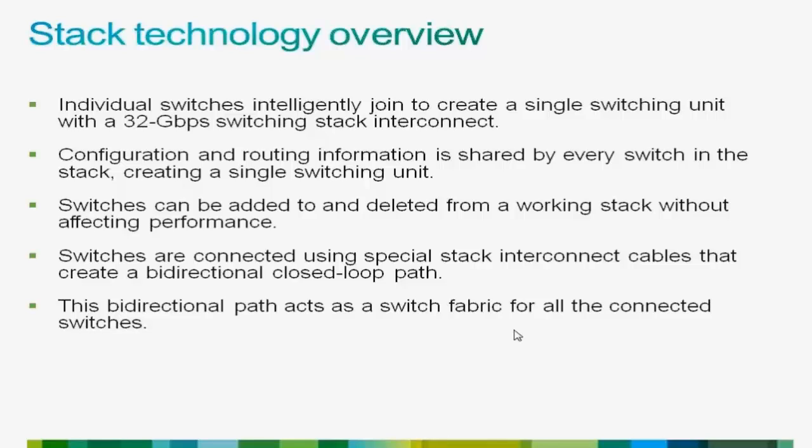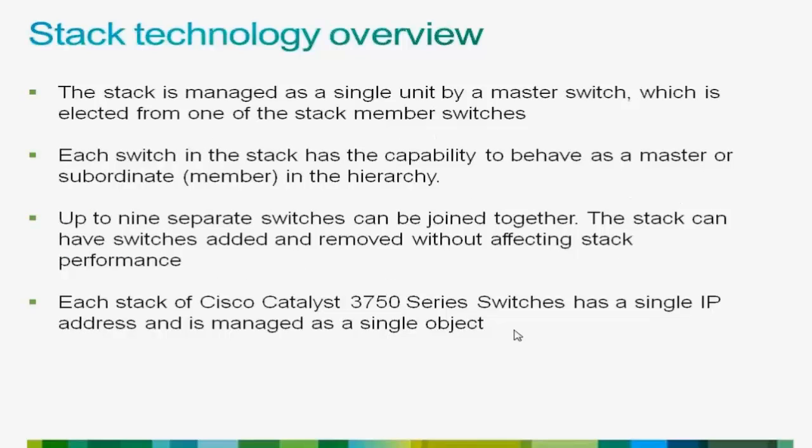Okay, now when I say stack cable, the proprietary cable that we use, how is it going to be of any use? Why can't we connect two switches with just an uplink or a 10 gig cable, which is again going to stack the switches? The difference is the stack cable has a greater capacity, which will more likely act like a fabric that we have on any higher end platform.